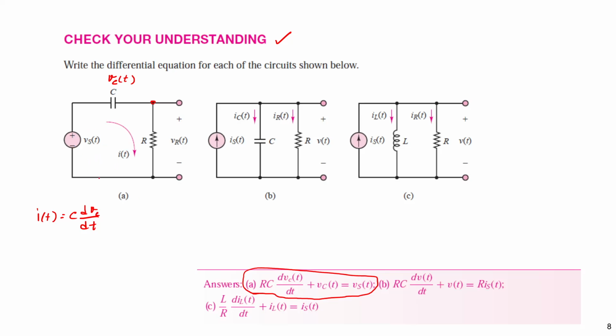Or we can use KVL, where this value is Vs. This is plus minus Vs minus Vc minus Vr equal to 0.